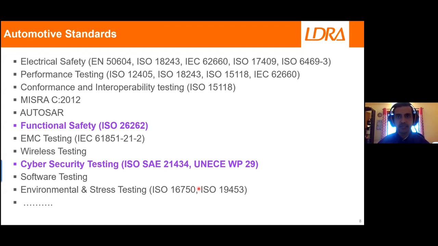It's a regulation standard, which is going to help improve the cyber security within the vehicle systems. So that's going to help reduce the majority of the problems related to the safety and the security aspects within the vehicle systems.